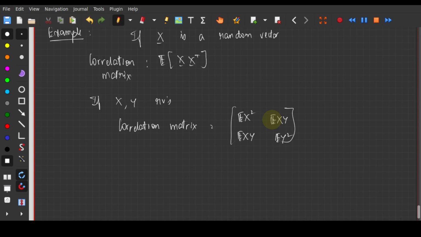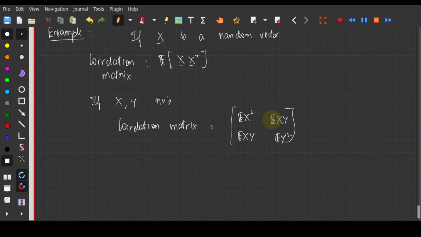Obviously it's symmetric. Why is it positive semi-definite? Try to think of something even simpler.